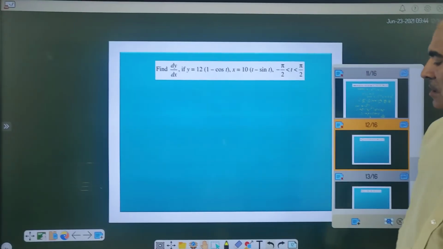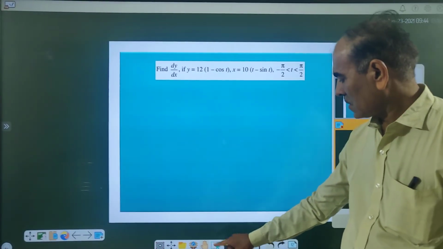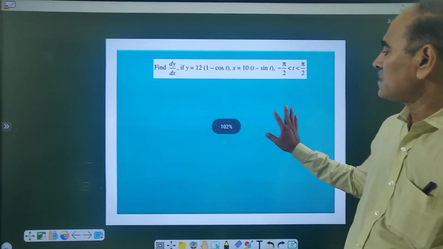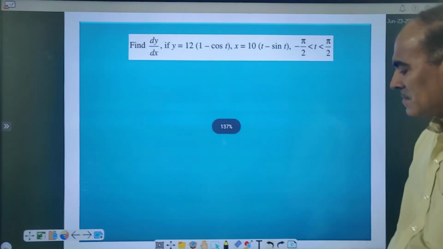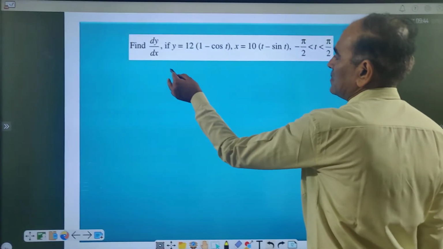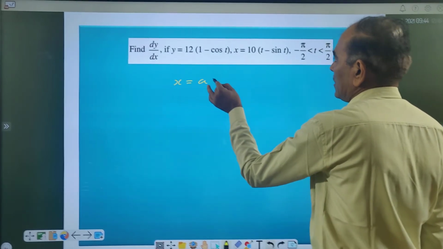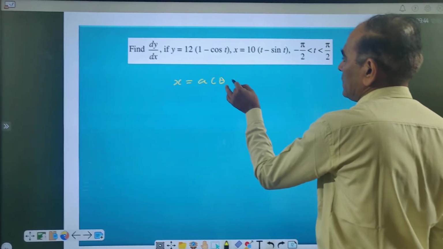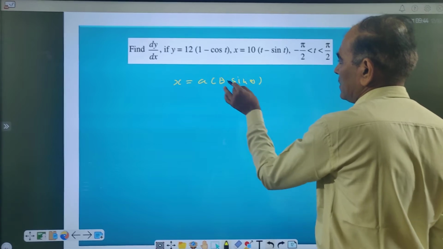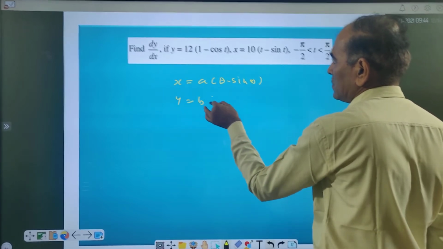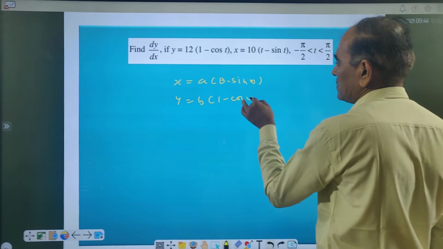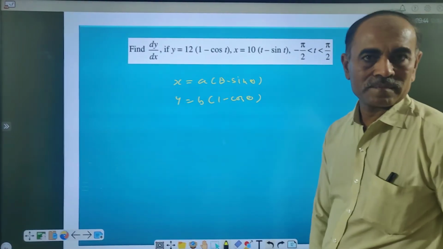Next, here. This type of sum we have already seen. x is equal to a into (theta minus sin theta), and y is equal to b into (1 minus cos theta). Already seen this type of sum.